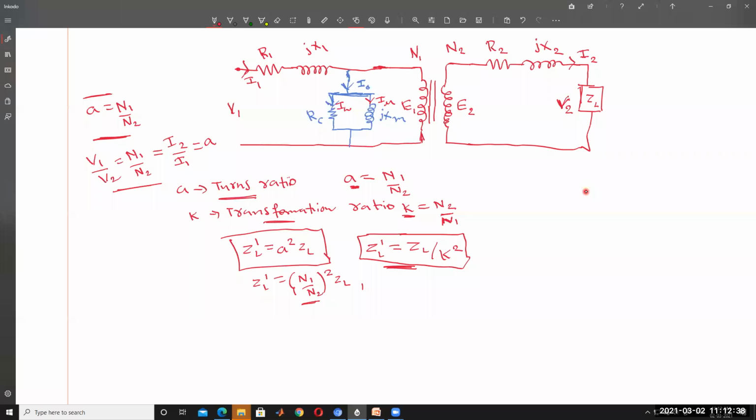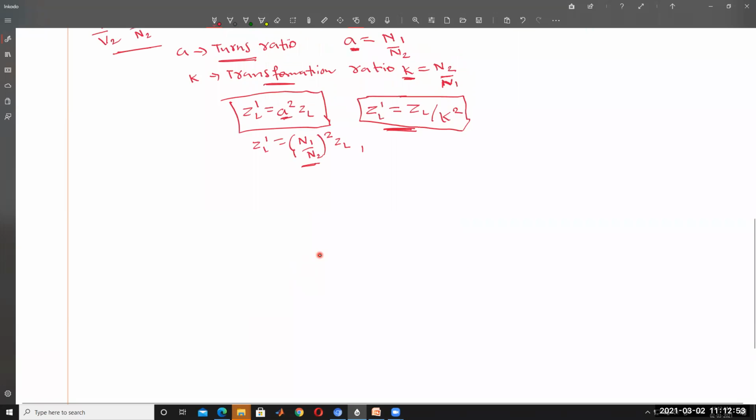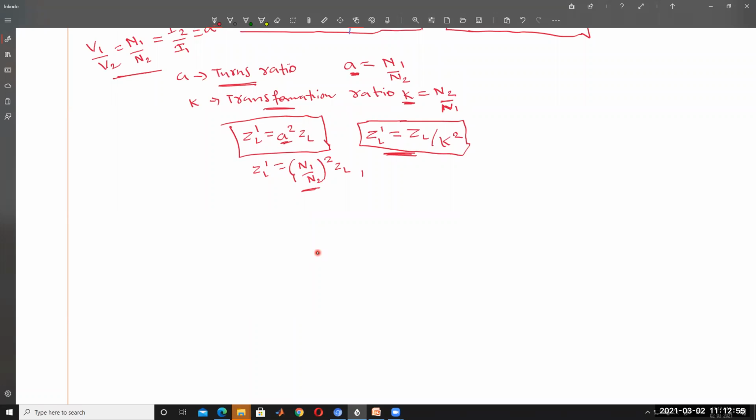In terms of turns ratio, it is multiplication by A square. In terms of transformation ratio, it is division by K square. So when the secondary side impedance is converted to the primary side, we represent it like this. So, refer to the primary side: secondary side elements are converted into the primary side.